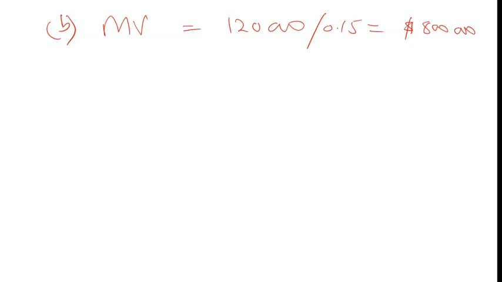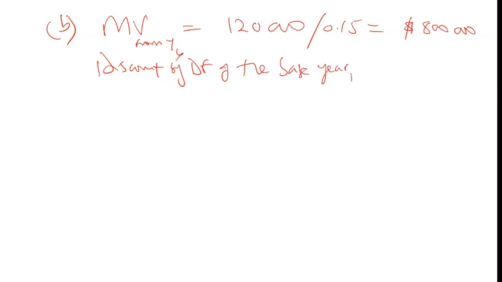But we need to discount this by the base year. Remember, this is from year 6, so we need to discount by the discount factor of the base year. The base year is year 5, so the year 5 discount factor has to apply.